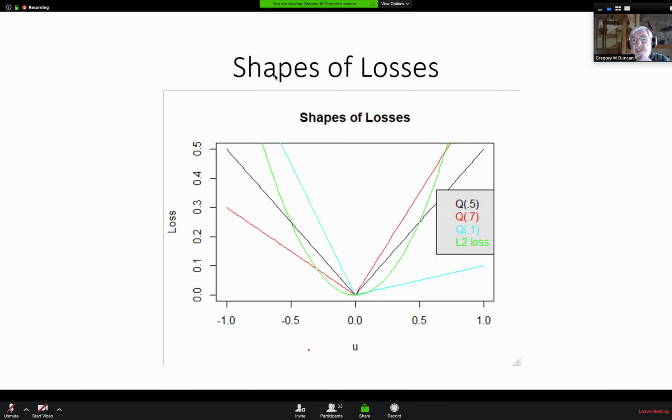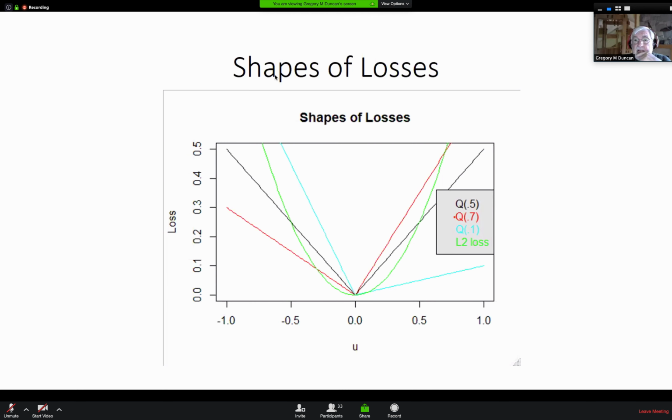Now, let's look at the shapes of some loss functions. I'll share the code for this after you've done a little more R. So the green one is L2 loss, and you see that it is nice and U-shaped. Q.5 is the symmetric V shape, if you will.